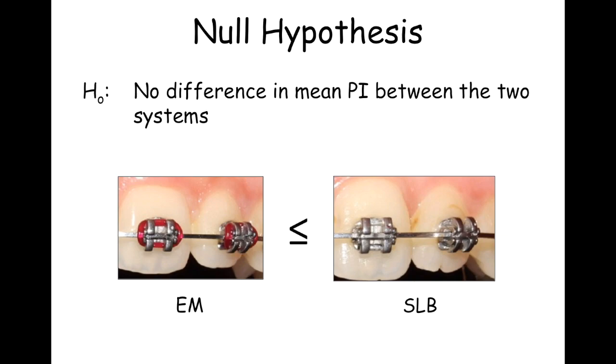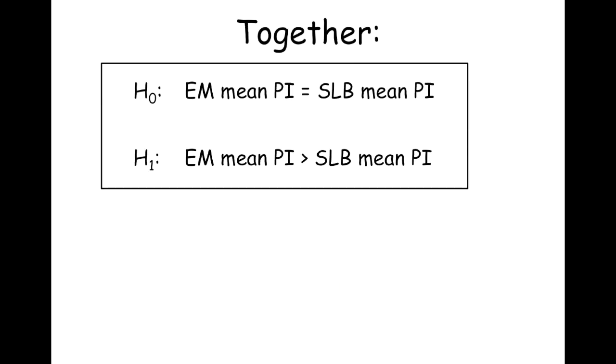Because the researchers expect mean plaque scores to be higher for the elastic module group, the null hypothesis also includes any mean difference that is less than 0. The null and research hypotheses are mutually exclusive and together account for all possible outcomes of the study. In this case, the elastic module system either does or does not result in higher mean plaque index scores.